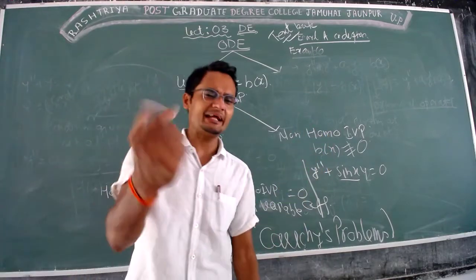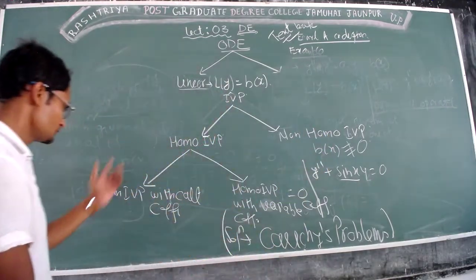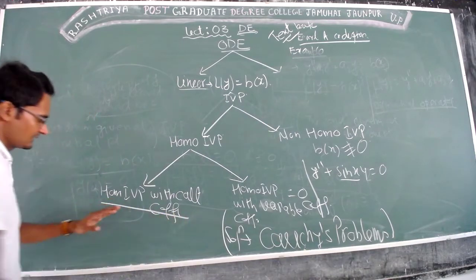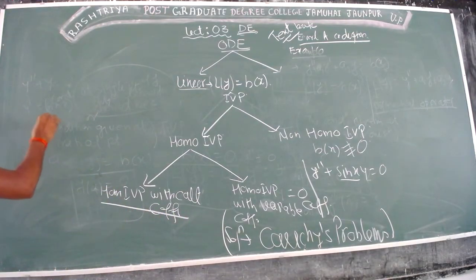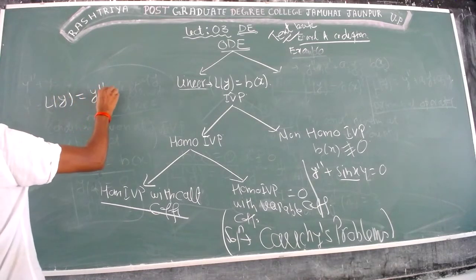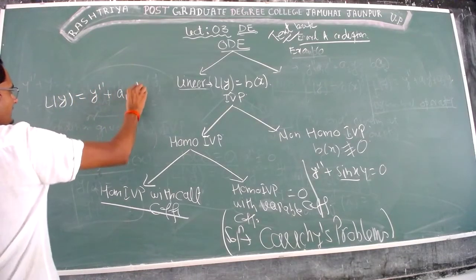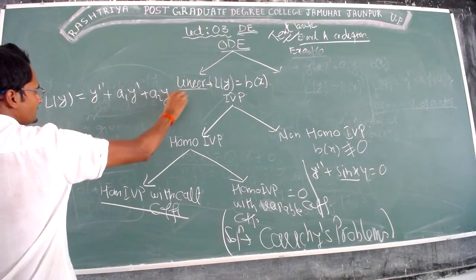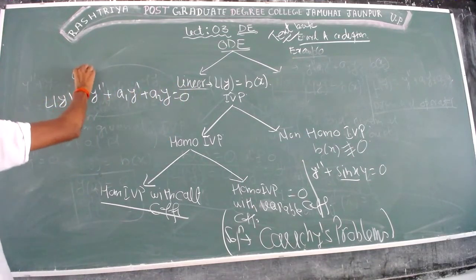This will take only 10 minutes. But again, we should come back here. A differential equation written as Ly = y double dash + a1y dash + a2y = 0 plus some condition.